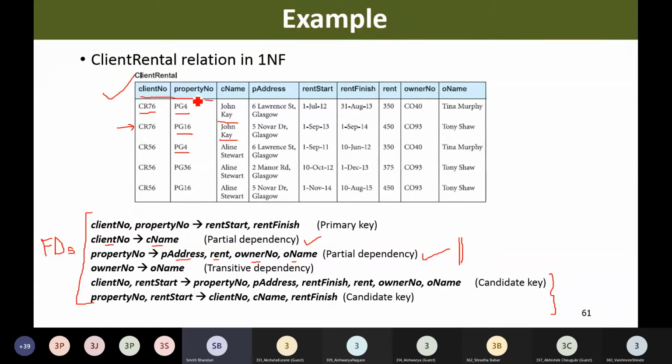So why are we saying that these two are partial dependencies? The primary key is client number, property number, meaning client number, property number is determining all other attributes in the database.